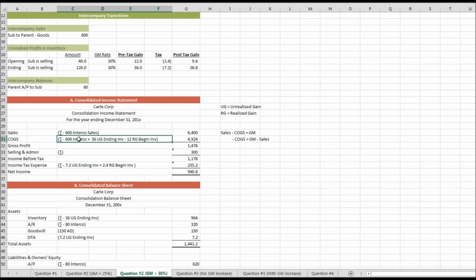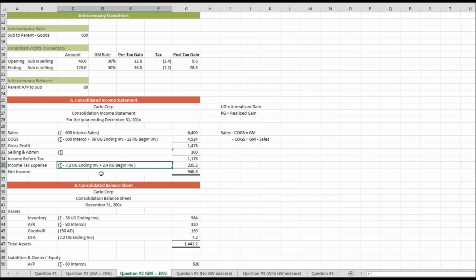So what I like is if you get this line on a test or a midterm, this one's pretty intuitive. So we already discussed that if we're realizing this gain in beginning inventory, which is 12, so we take the corresponding tax amount right here, and if we're making a gain, if we're making more profit, then our income tax expense is going to be greater because we're going to have more income before tax to tax.